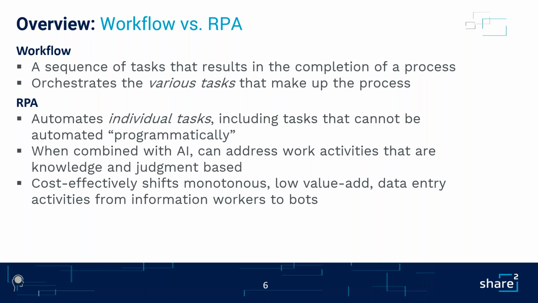So this happens, then that happens, and those tasks can involve systems or people. But workflow is really about that sequence and the orchestration, whereas RPA is about automating individual tasks. And they can be fairly complex, and there could be tasks that are tied together, but it's really more about automating those individual tasks, including ones that can't be automated programmatically.